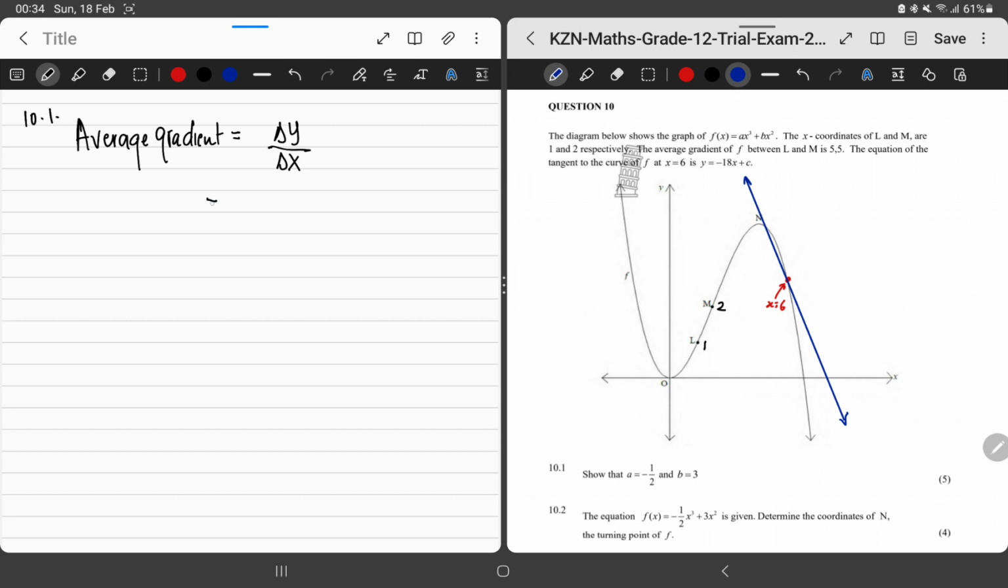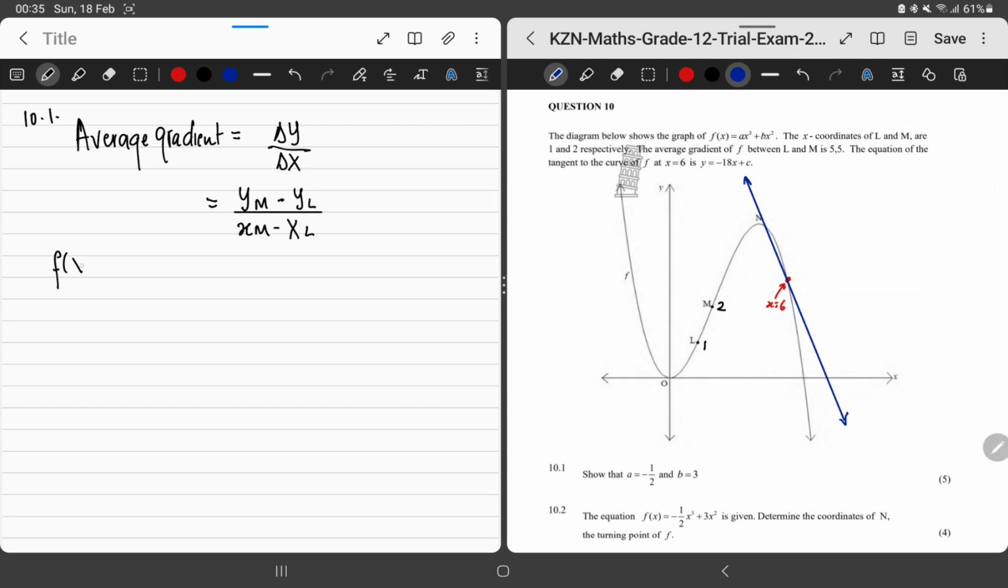This is going to be the y value at M minus the y value at L, all over the x value at M minus the x value at L. Currently, I do not know what the y values at M and L are, so I need to find them.